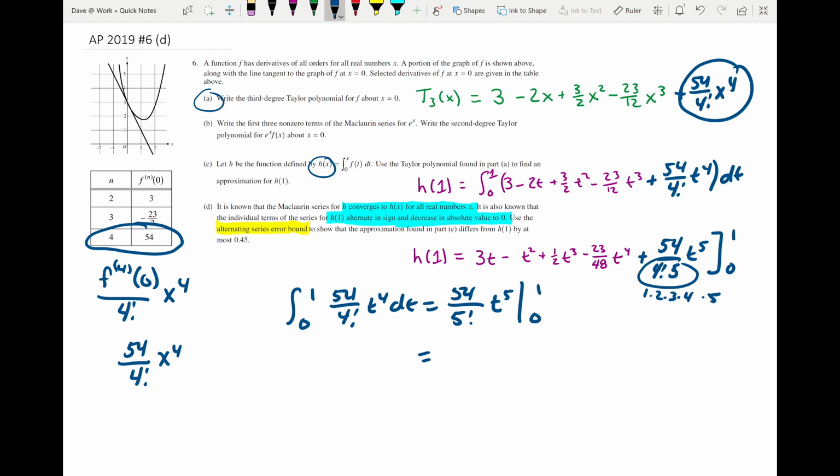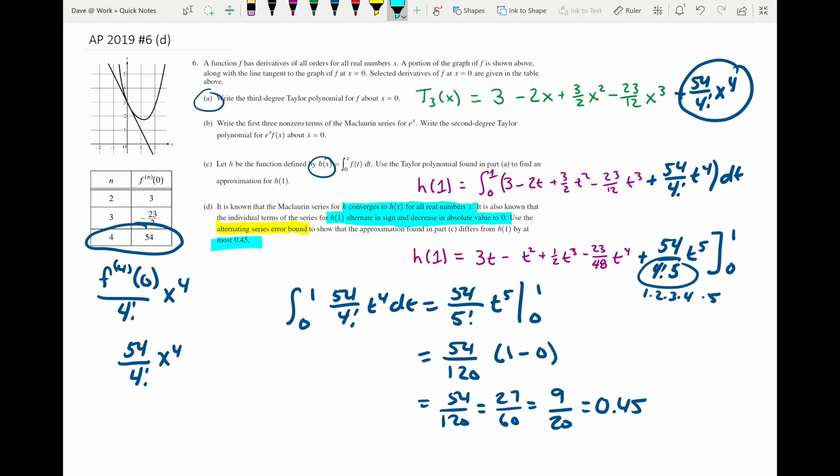And then we'll basically realize that 54 over 120 is being multiplied by 1 and then subtracted by 0, which means you'll have 54 over 120, which works out to be 27 over 60, which works out to be 9 over 20, which happens to be the same as 0.45 as expected here.